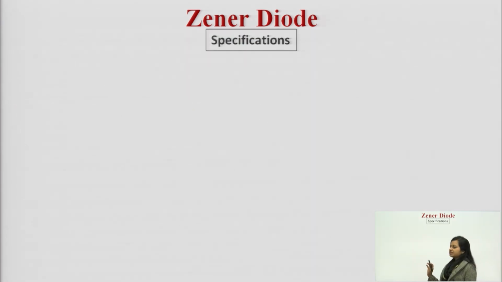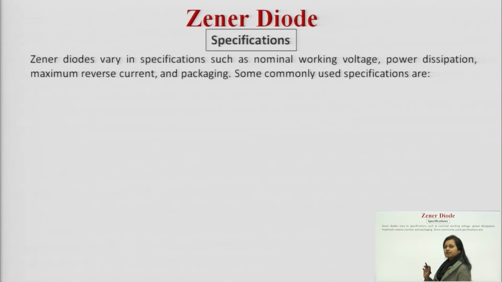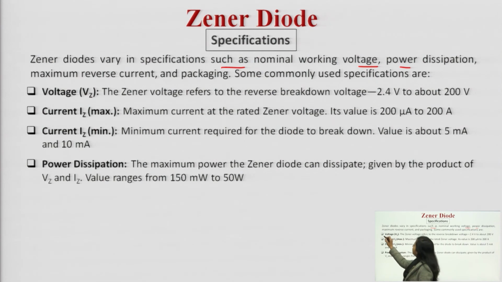Some of the important specifications. See, as I have told you, depending upon the construction, the manufacturer can set the value of the breakdown voltage. So, Zener diodes vary in specifications like working voltage, power dissipation, maximum reverse current, minimum Zener current. But what are these parameters? See, voltage Vz is the breakdown voltage, and it varies from about 2.4 volt to about 200 volt.